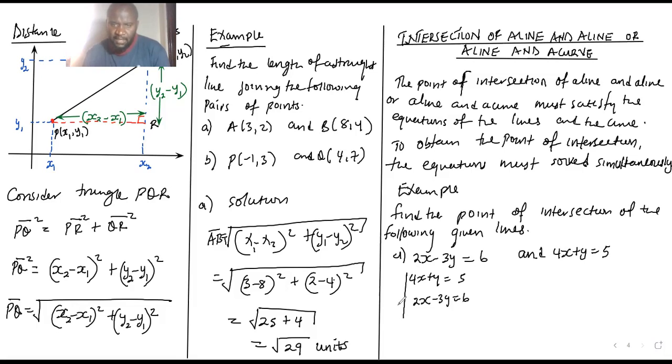We can eliminate by multiplying this by 2, and we subtract. We shall get 0 for x. Then this will give us a positive 6 plus 1, giving us 7y.